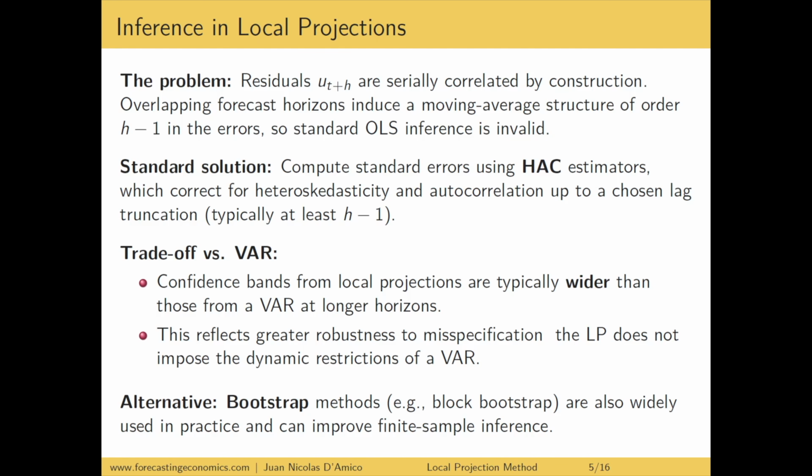I'm going to be talking a little bit about this once we get into STATA, but it's something that I wanted to discuss briefly because, as I mentioned, when you're working with local projections, you're going to notice that the confidence bands can look wider at longer horizons. Newey-West is the standard used in local projection, but you can also explore bootstrap methods. Many authors have used bootstrap methods, so I thought it was worth mentioning this in the video.